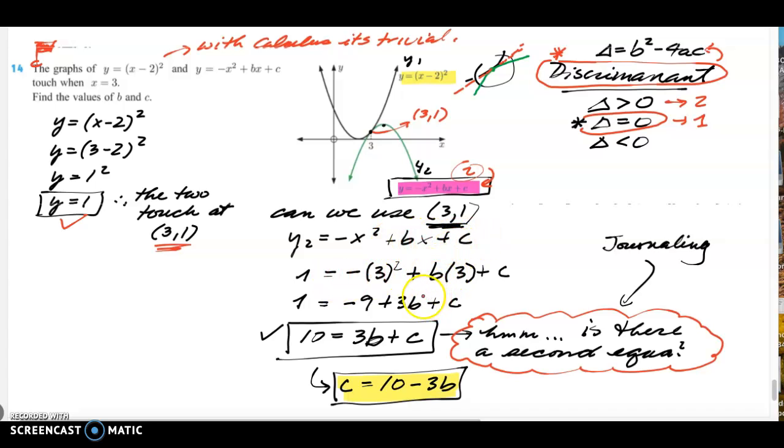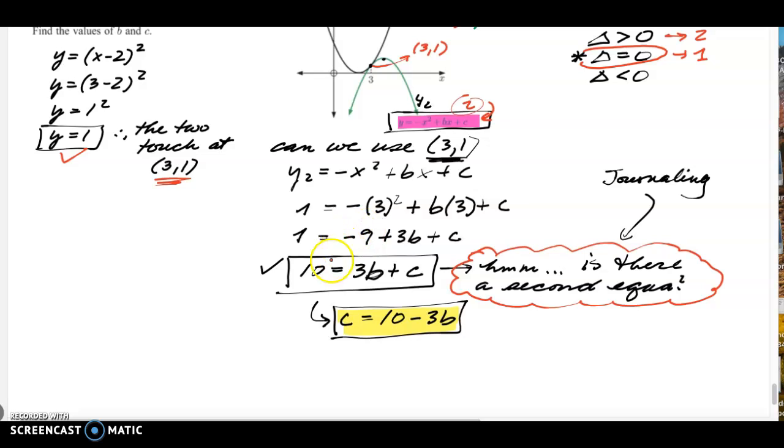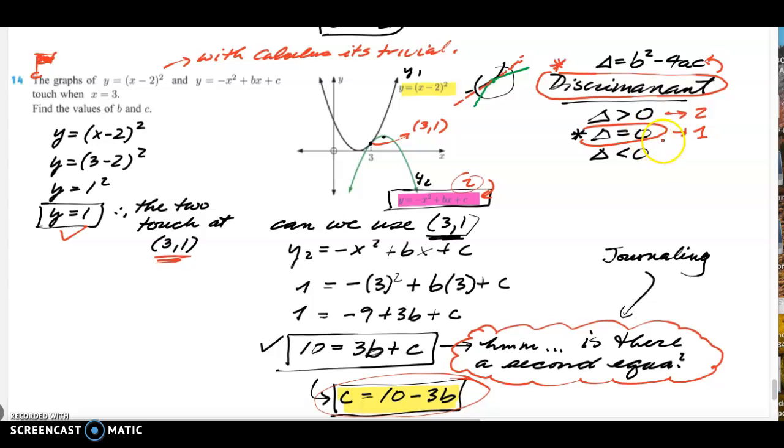Ha! Okay. I showed you, I went all the way around and got this. Now it was suggested to put it back into the equation and see what you did. We did it, but we just showed that 10 equals 10. That doesn't help us. And remember me journaling, saying, okay, is there a second equation? Yes, there is. The second equation is this one. This is actually how we're going to use it.